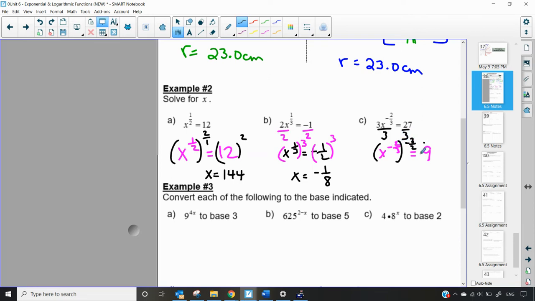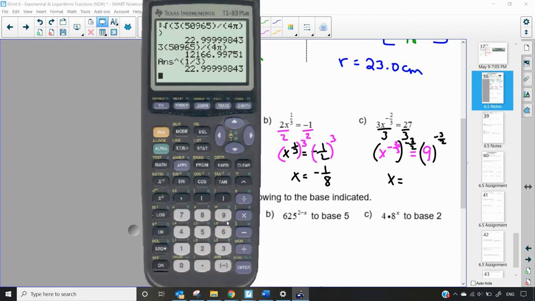So we're raising it to the exponent -3/2. So that leaves me with x equaling 9 to the exponent -3/2. So on our calculators, we have 9 exponent -3/2, which gives us 1/27.